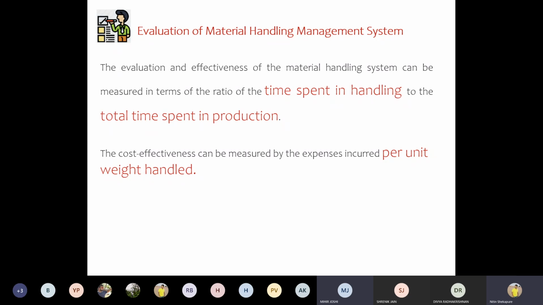That's why, when we look at the material handling management system in a broader sense, we need to understand that it is not only about handling. We are using the word handling, but it is about providing materials at the right time, in the right quantity. Right, so just in time principle. Yeah, just in time is going to play an important role.